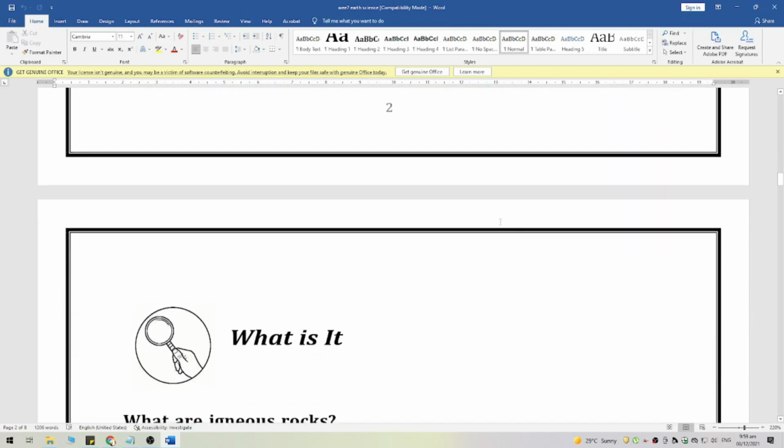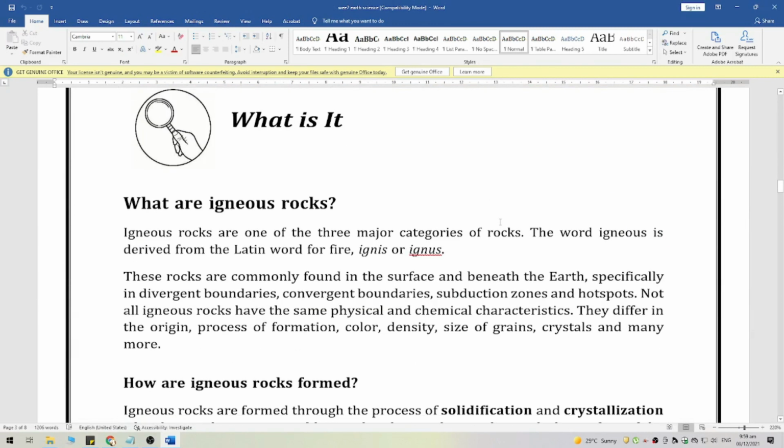Now, ano nga ba ang igneous rocks? Here are some statements that could describe it. Igneous rocks are one of the three major categories of rocks. The word igneous is derived from the Latin word for fire, which is ignis or ignus.